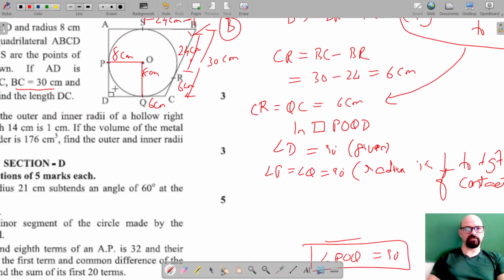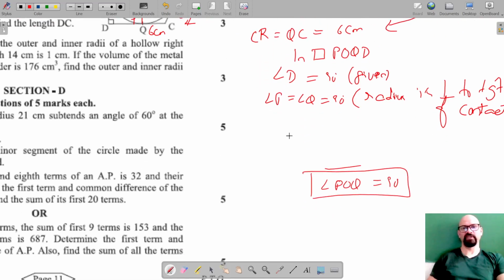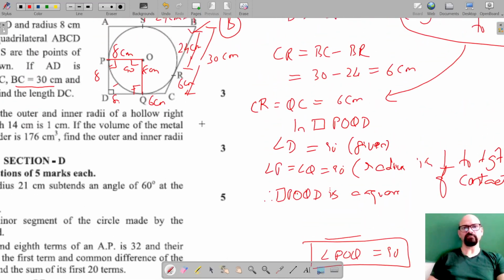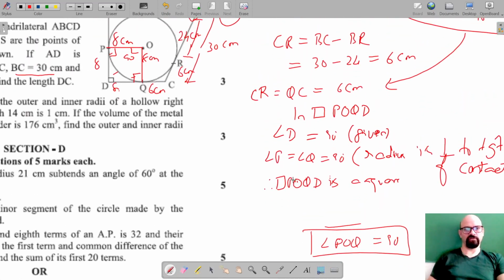So if D is 90, P is 90, Q is also 90, that means this angle is also 90. So that means quadrilateral POQD is a square because these two sides are equal. So this is also 8, this is also 8. If it is a square, all sides are equal.